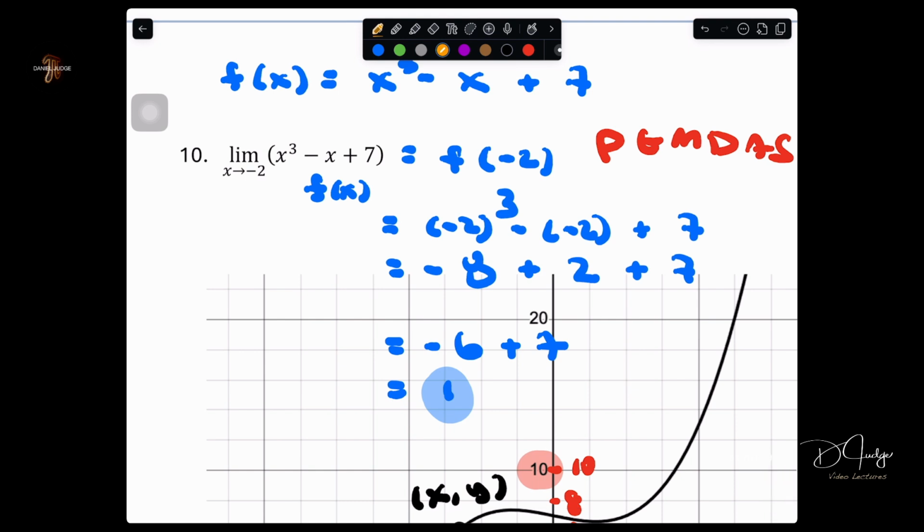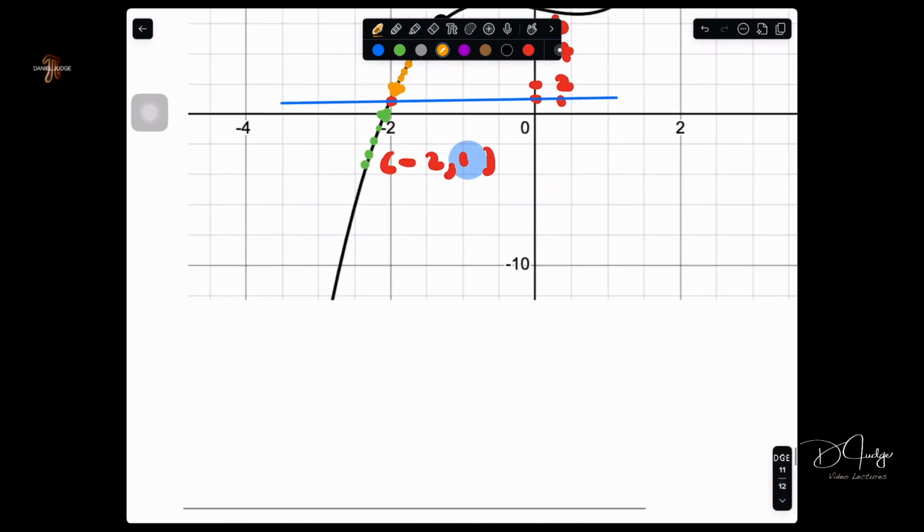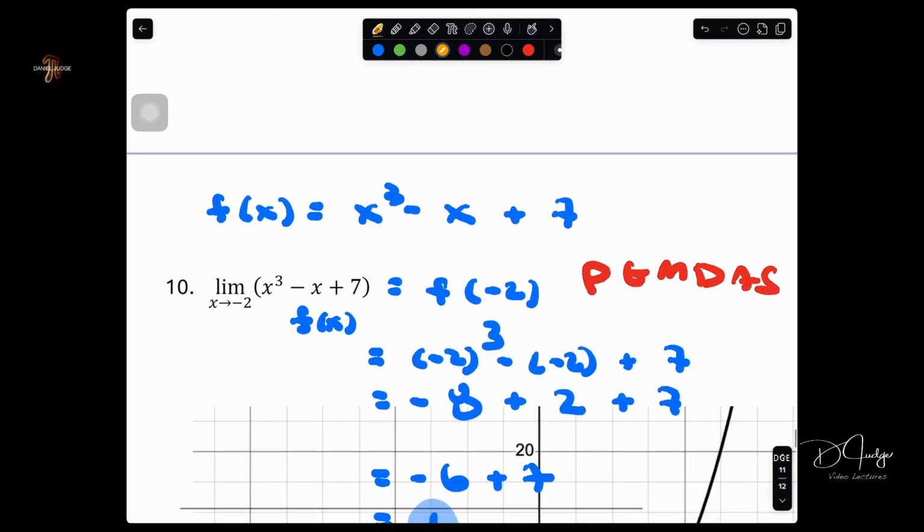But I want to warn you guys, the essence of this exercise is to recognize that you have a polynomial function and that all you've got to do to evaluate a limit is what's called functional evaluation, meaning you're going to use order of operations for every polynomial, plug in the value, and use PEMDAS.